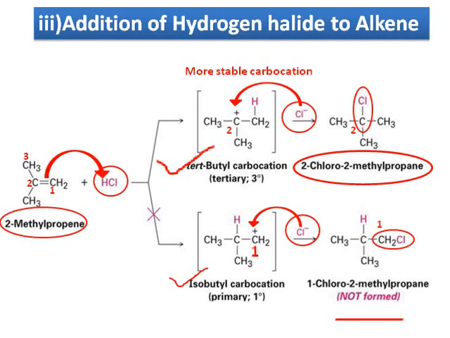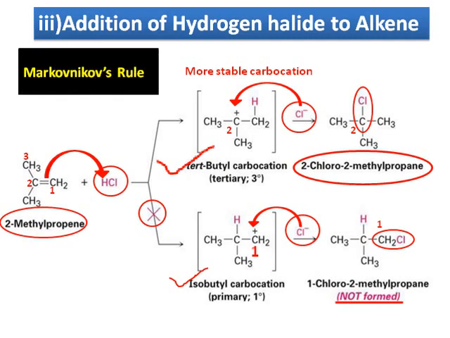But this will not form, as the primary carbocation is the least stable among primary, secondary and tertiary carbocations, so this reaction will not take place. Now this selective reaction of the production of alkyl halide from alkene by addition of hydrogen halide to unsymmetrical alkene is called the Markovnikov rule.